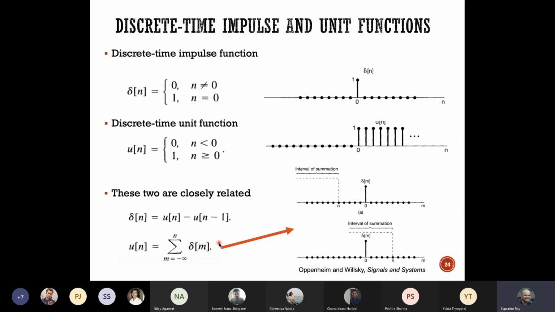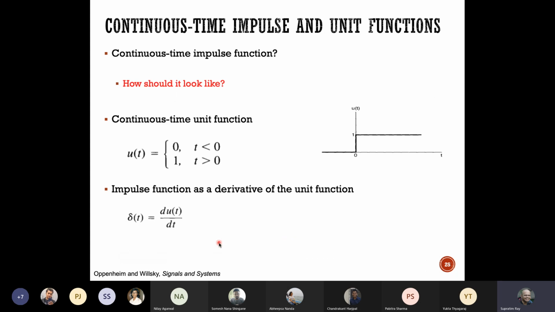Yes. Okay, so now let's get to the more complicated version of the same thing, because it leads to a function which is very popular, but actually is very hard to understand. It's not something that you will see in real life. This is the continuous time impulse function. So how do I see this? I first look at the continuous time unit function, which is very easy to understand.